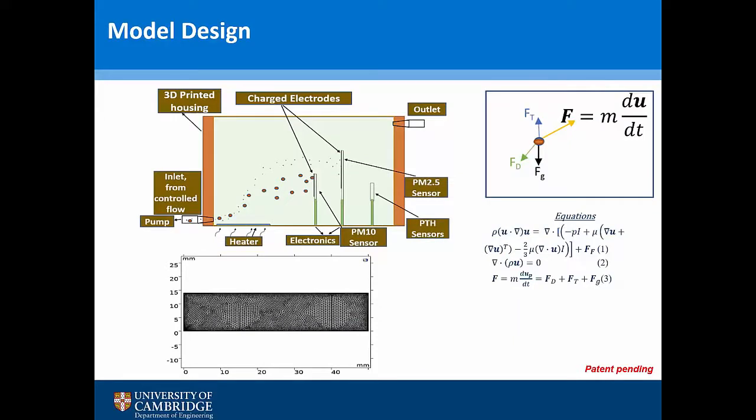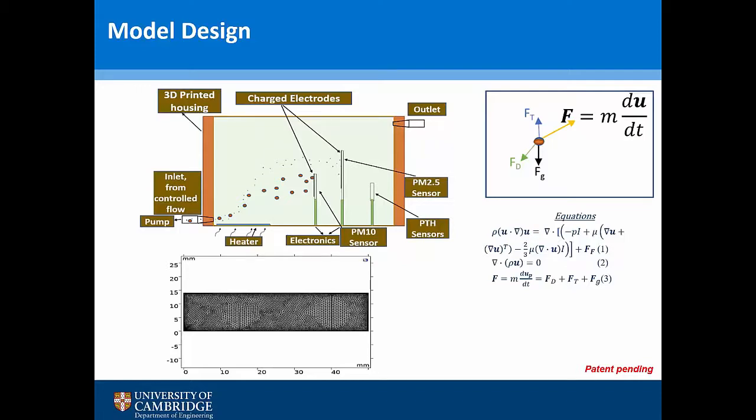So we designed a model using COMSOL Multiphysics, and the boundary conditions were specified as, for example, non-slip at the walls, which is understandable, and laminar flow through the chamber, which essentially means that the fluid flows in layers that don't interfere with one another. We also set up conditions of internal walls, and as you can see, this part of the model is specified as a heater.